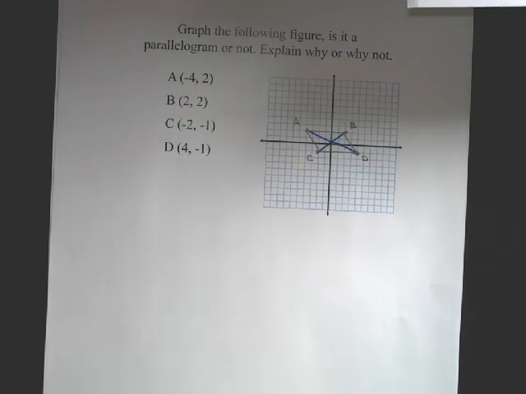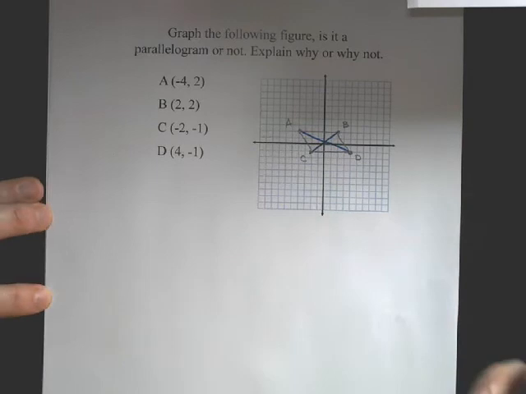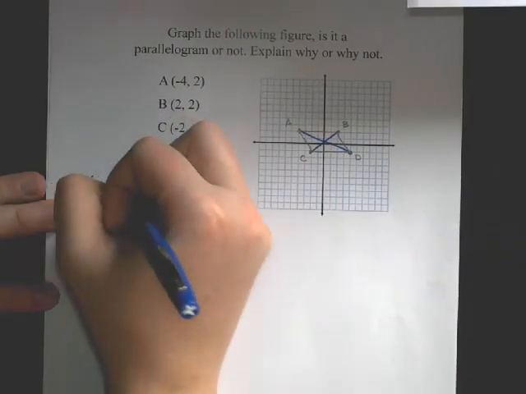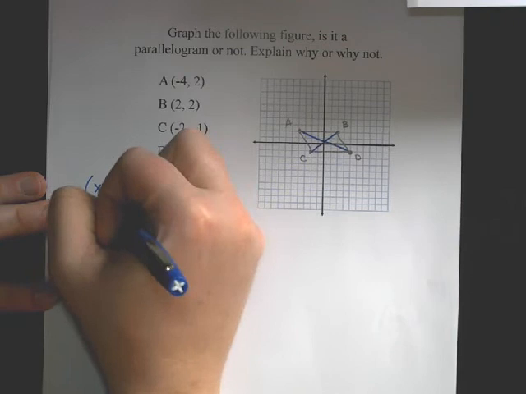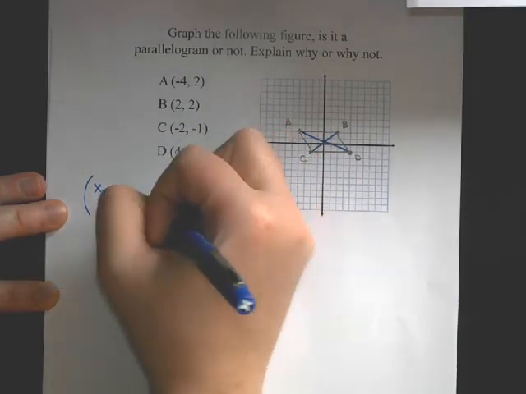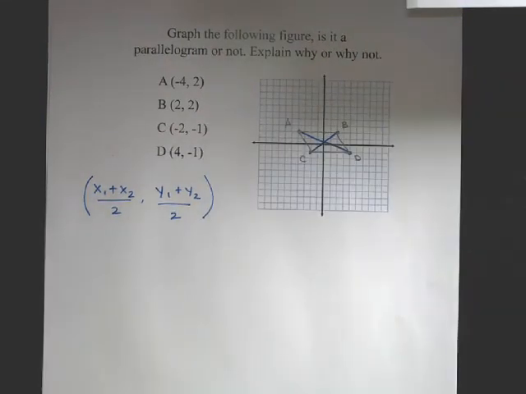I will put a little formula sheet out there for you for today so that you can check how to find slope, how to find distance, how to find midpoint, and use those to help you going forward. But for right now, the midpoint formula, remember, we are going to add our x's together and divide by 2, and add our y's together and divide by 2.